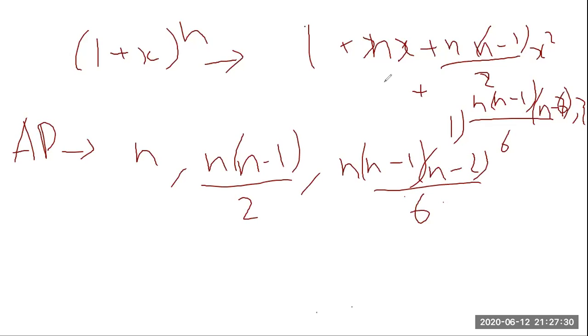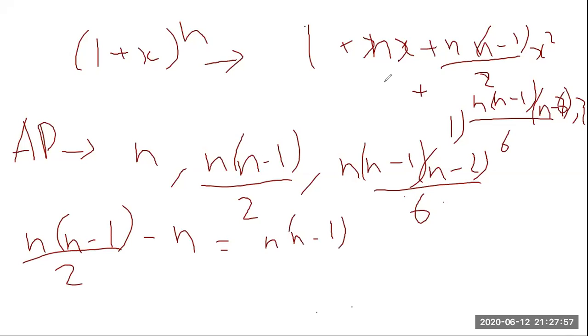Now, if it's an AP, then the difference between two consecutive numbers is the same. So we do n(n minus 1) by 2 minus n is equal to n(n minus 1)(n minus 2) by 6 minus n(n minus 1) by 2.